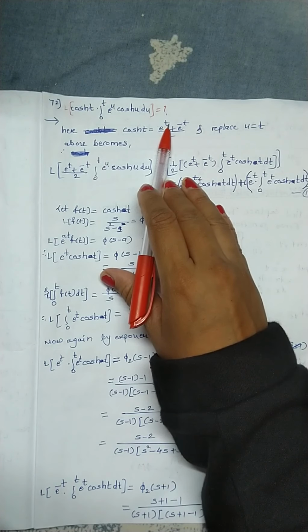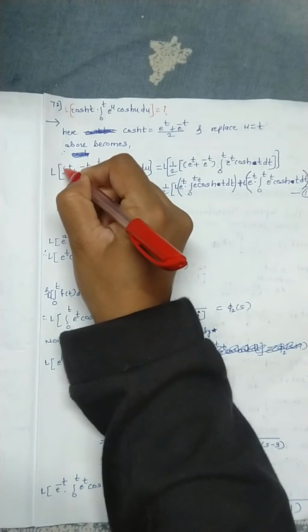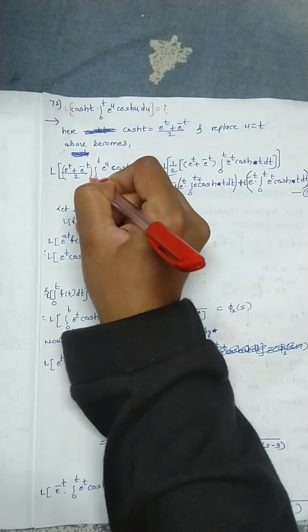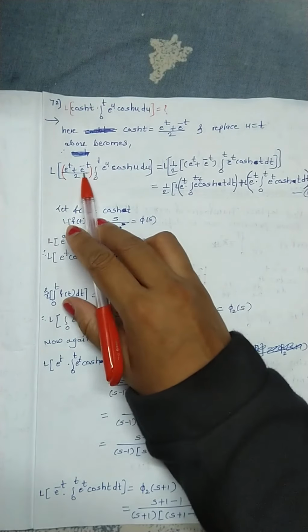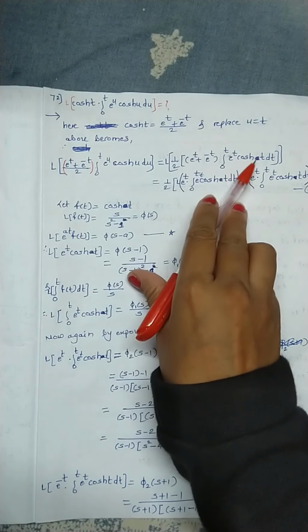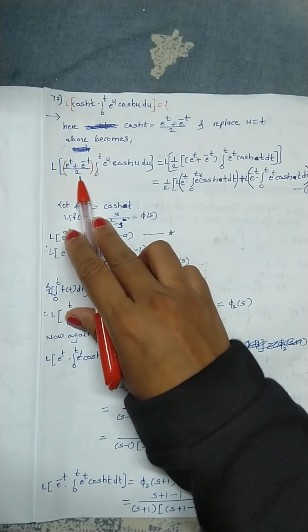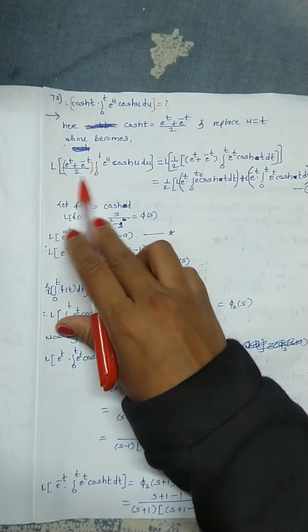Then the above question becomes Laplace of e raised to t plus e raised to minus t upon 2, which is the cos hyperbolic value, times the integration, where I just replaced u by t. You can take the half constant outside.